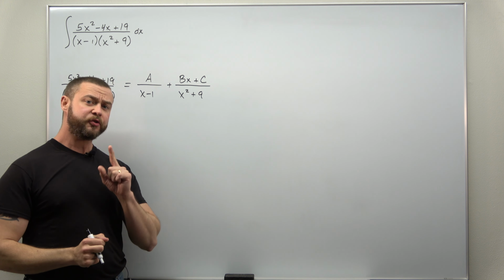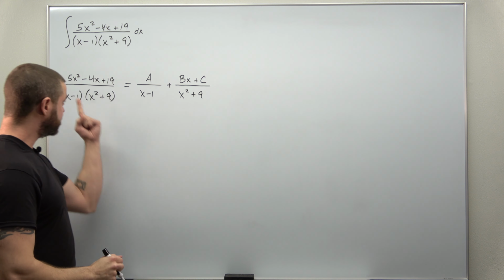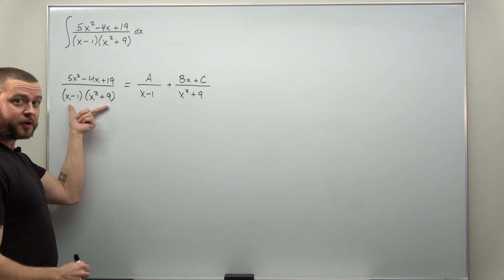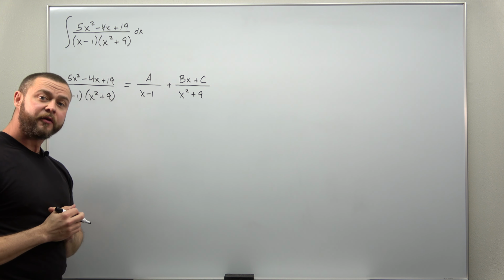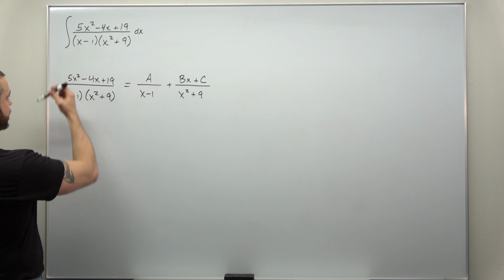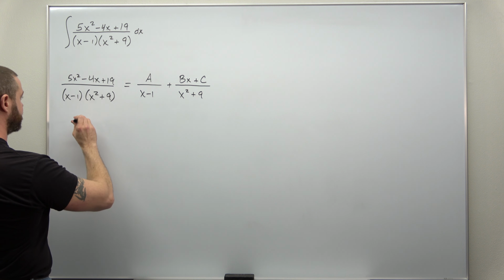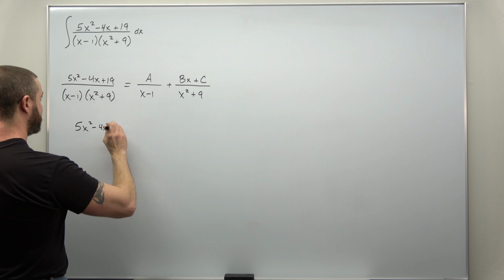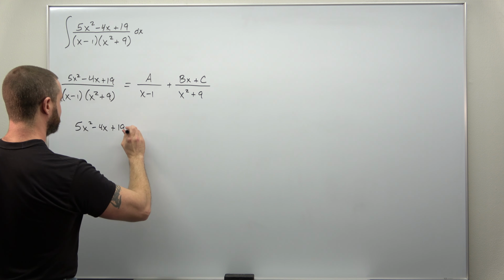We're going to still try to eliminate fractions. So I'm going to multiply both sides by the LCD, by this fully factored denominator, and the denominators should cancel out everywhere. If we do that, the left side will be left with that numerator, 5x squared minus 4x plus 19.